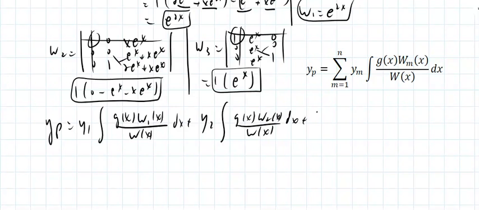Of course, those are the Wronskians, and y3, because I have 3 solutions in this case.